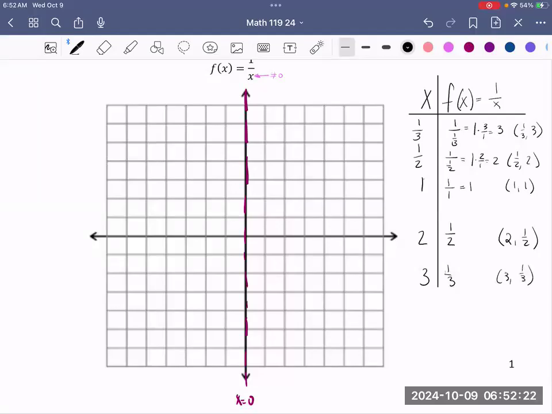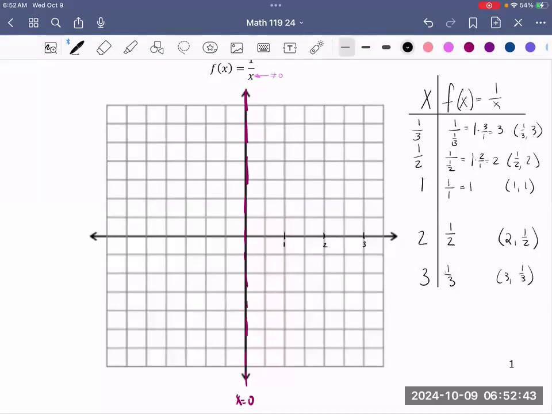So on the right-hand side of your graph, if I were to make a really quick notation, we'll say this is 1, this is 2, this is 3. We'll just go up.